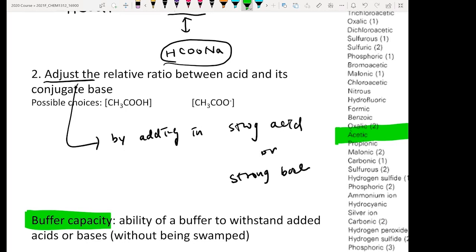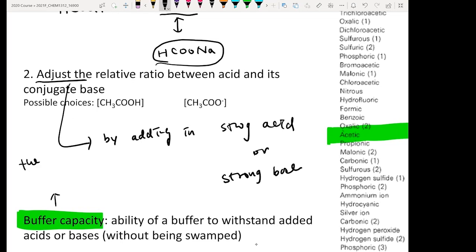If you only have a very small amount of the conjugate acid and base inside your solution, then it can only handle a very small amount of strong acid or strong base added into your solution. The buffer capacity is basically going to indicate the amount of your conjugate acid and base. You want to have a really high concentration of your conjugate acid and base pair inside your solution.